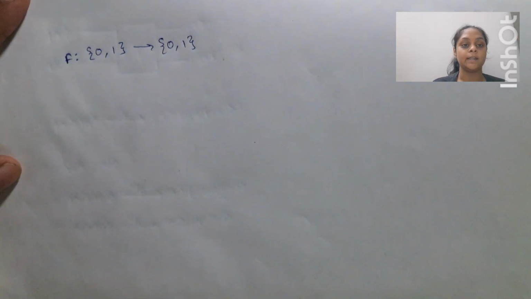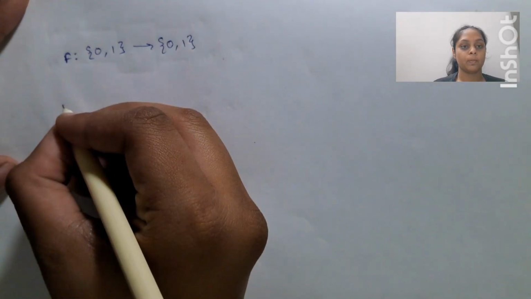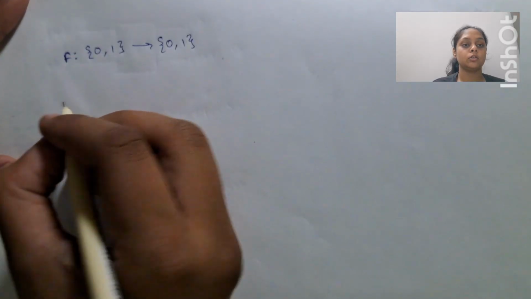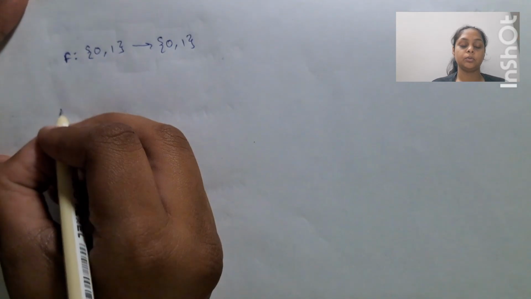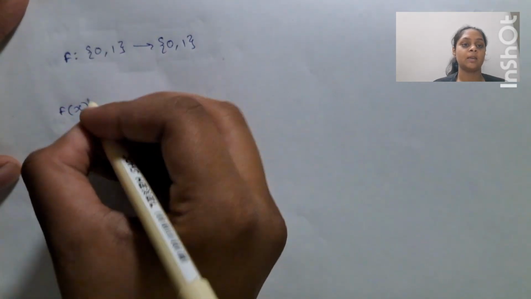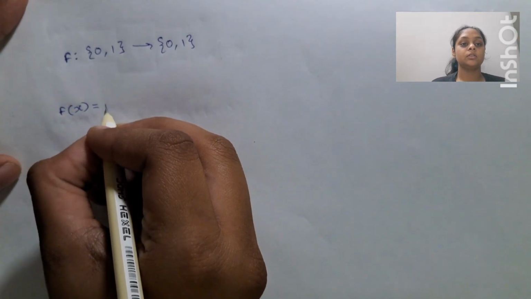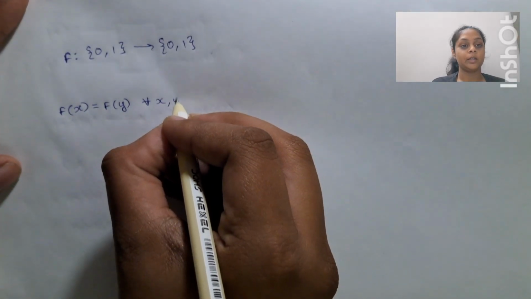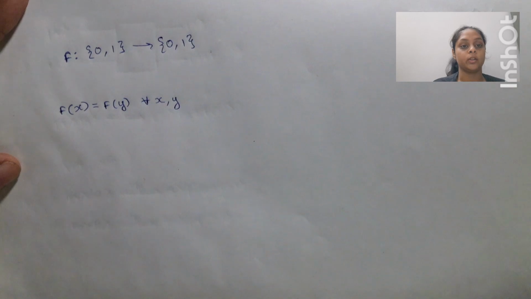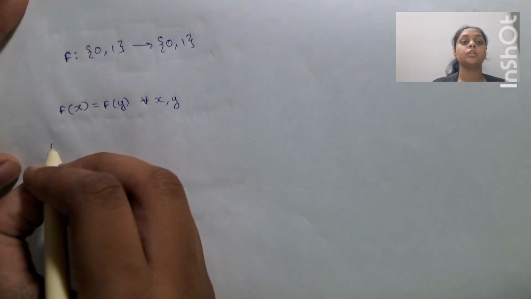Here basically our goal is to determine whether the function f is constant or balanced. Let us see what is meant by constant in this algorithm. A function is called constant if it produces the same output regardless of the input it receives. Let us say f(x) is equal to f(y) for all x, y.